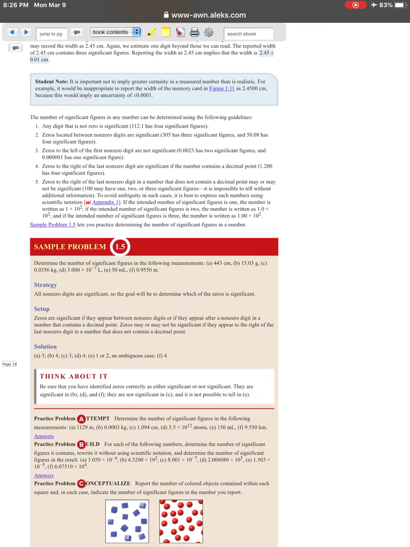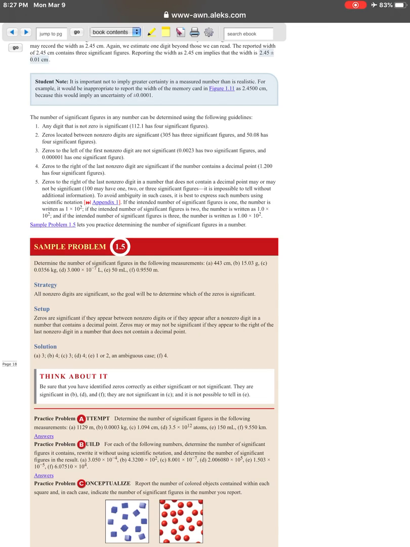Rule 2: zeros located between non-zero digits are significant. So in 305, the 0 is between a 3 and a 5, so that 0 would be significant.